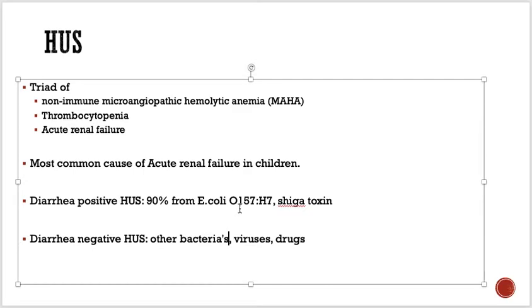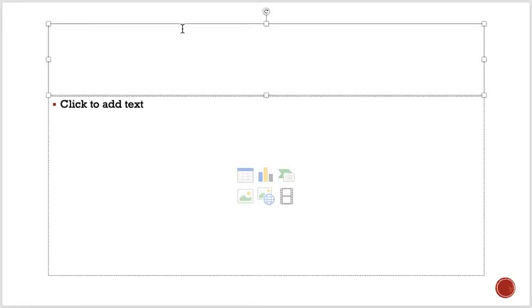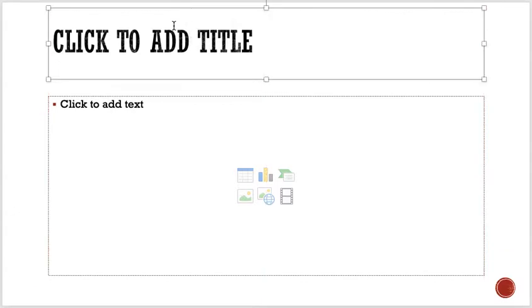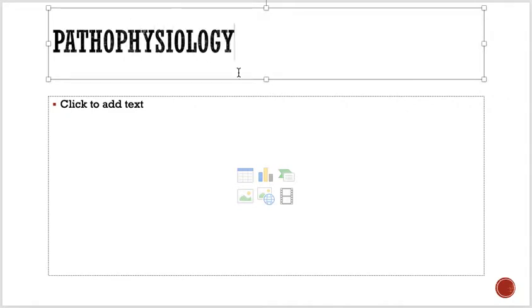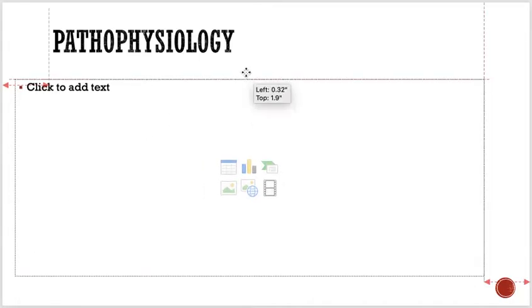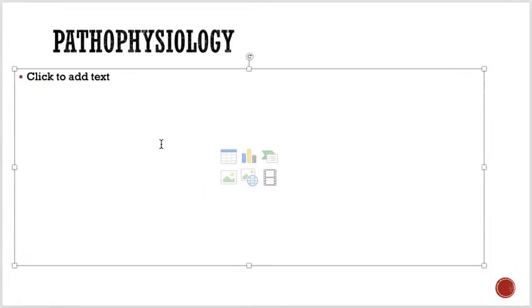So now, the important thing to talk about here is the pathophysiology, which is why I told you we are going to discuss it in detail. Just to tell you a little physiology of this condition.